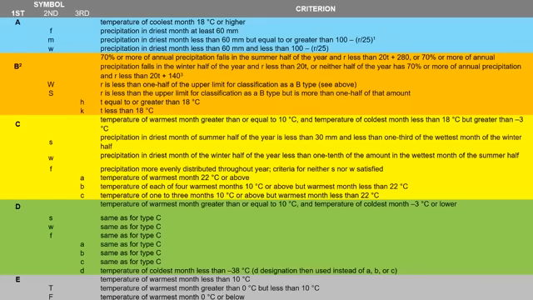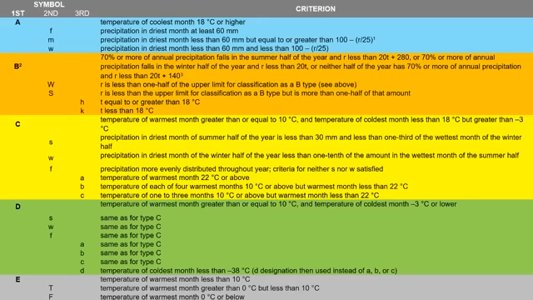If you have precipitation of at least 60 millimeters, you will be subtype f. If you have 60 but not greater than 100. So basically this is how you classify the climates, particularly through the amount of rain and the amount of temperature that is present in that area.